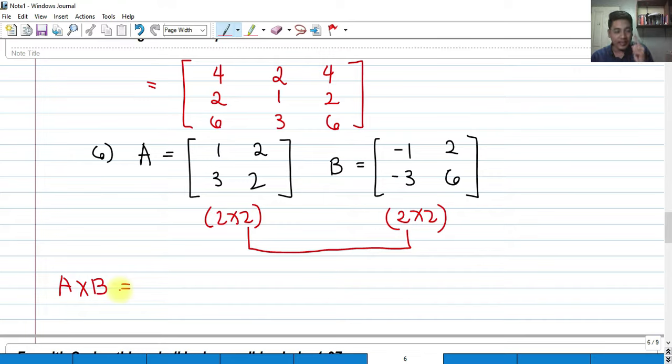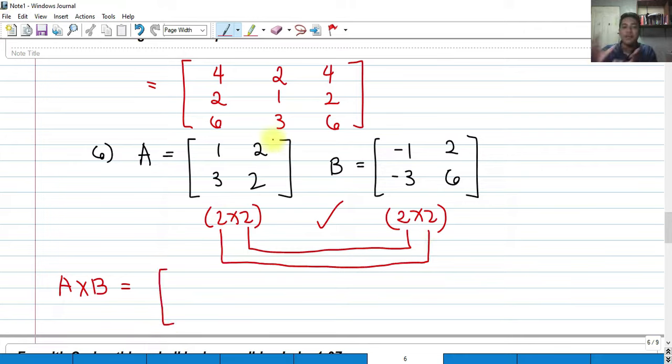Yes, it is. So we can multiply it. And the resulting matrix is 2 by 2 also. So we are expecting that if we multiply these two matrices A and B, we will have a matrix that is 2 by 2 in dimension.